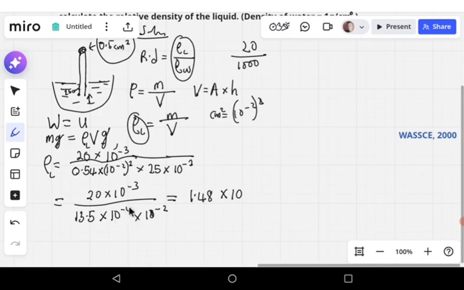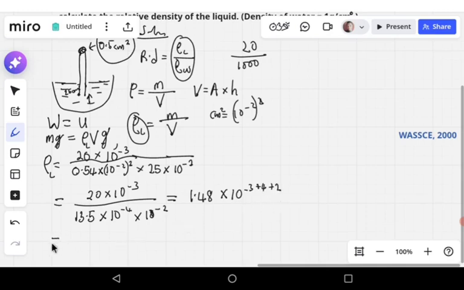If this 10 raised to power minus 4 comes to the numerator, it becomes, okay, here is minus 3. Let me not waste so much time covering space. So law of indices is minus 4. When it comes there, it becomes plus 4. And minus 2, when it comes there, it becomes plus 2.